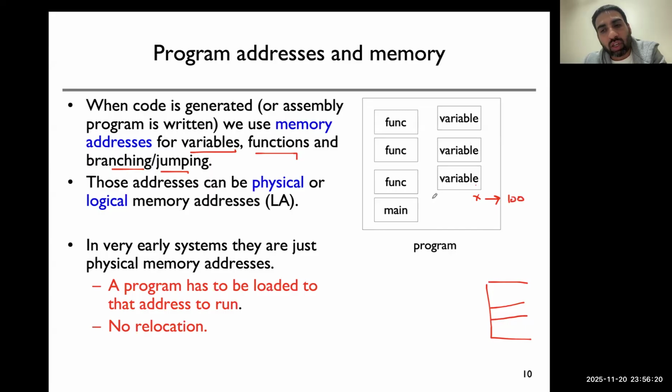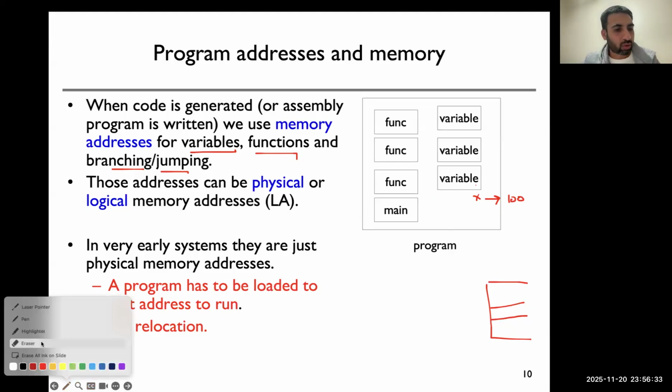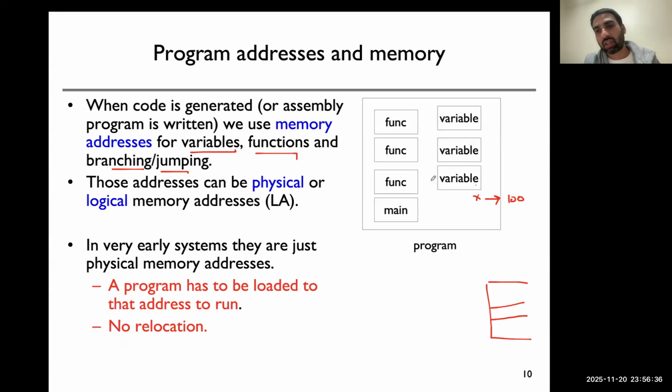Now, let me check if I can use an instruction from the AVR microcontroller. For example, if I'm saying load R16, x, now you can trust me for now that x needs to be a physical address.